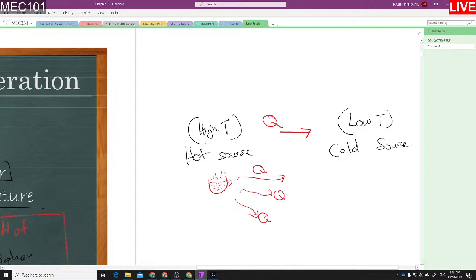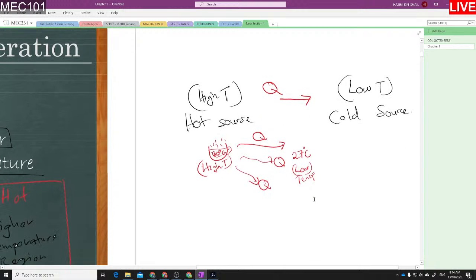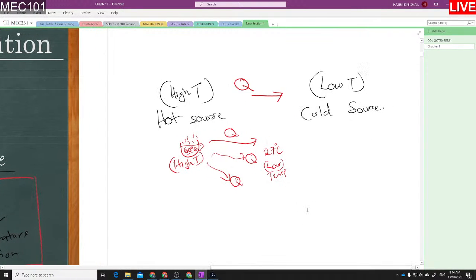The coffee may be around 60 degrees Celsius. One is the high temperature region and the surrounding is the low temperature region. So by the natural process, heat transfer will go from high temperature to low temperature.